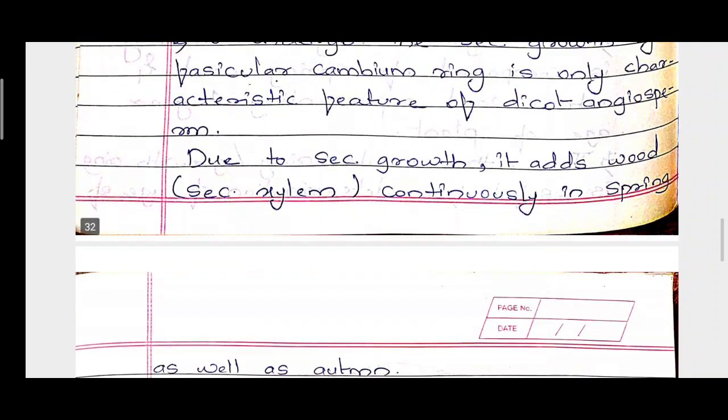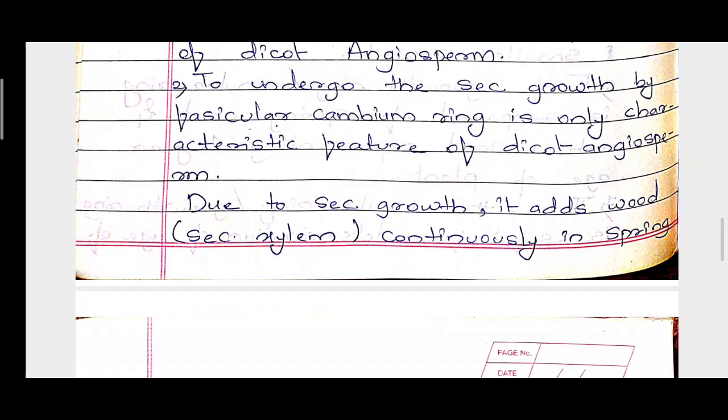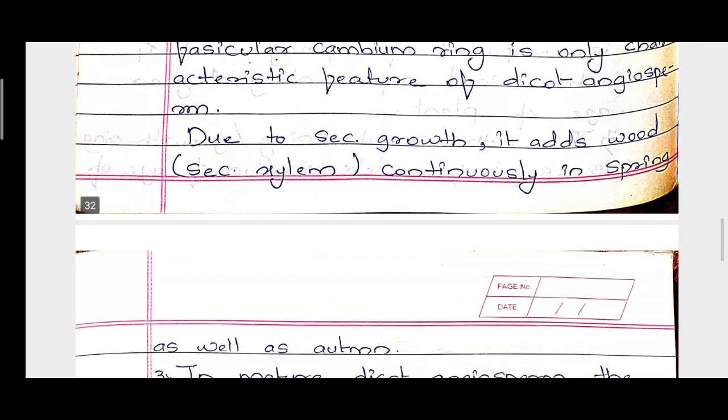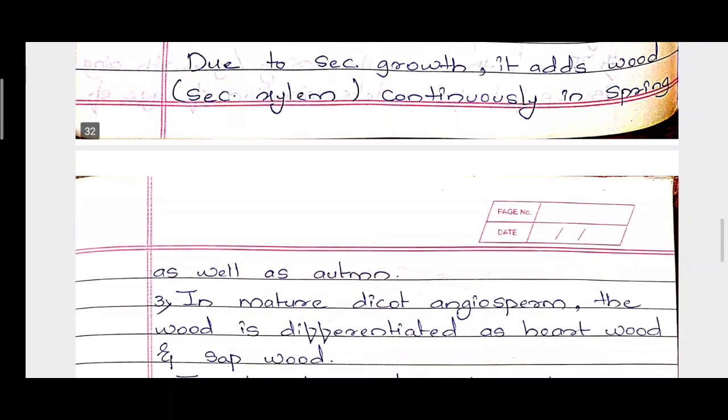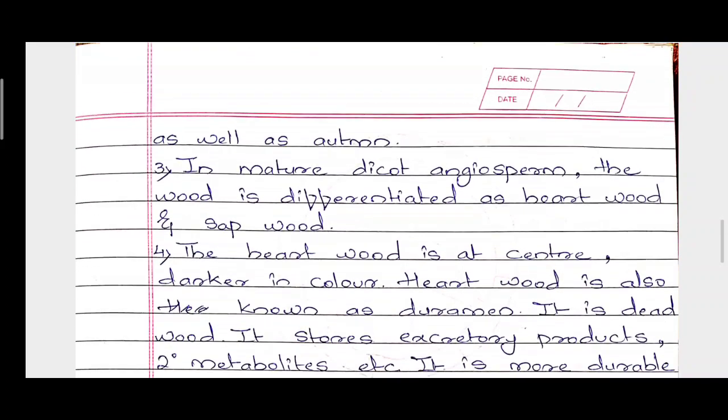When the plants undergo secondary growth, the fascicular cambium rings will be developed, and they will be characterized as a dicot angiosperm. In both seasons, autumn and spring, this continuous growth takes place. So at that time the hardwood and sapwood will grow.